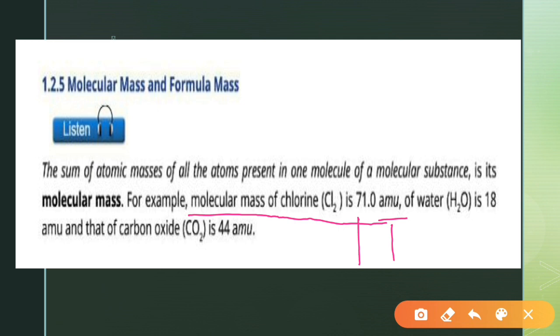You studied it in relative atomic mass, in which you take carbon as a reference point. In the case of water, H2O, its molecular mass is 18 AMU, and that of carbon dioxide, CO2, is 44 AMU.